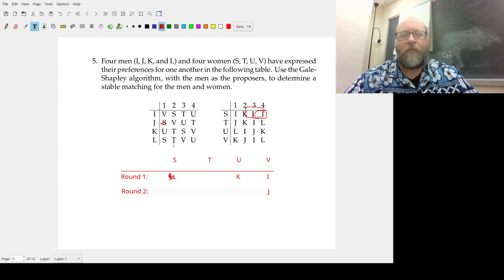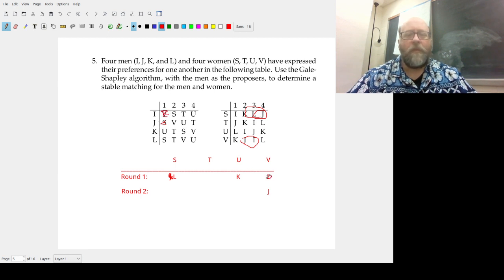Well, V prefers J to I, and so V is going to tell I, no thank you. And so I has to go to I's second choice.